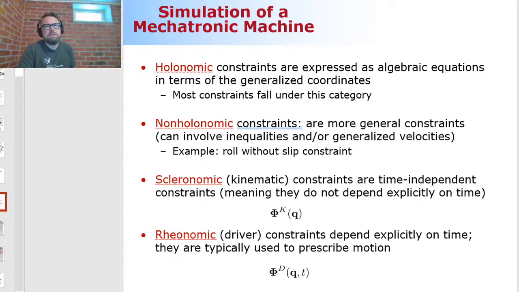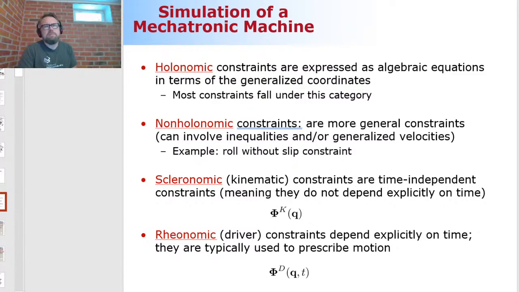All the constraints in this course are of that type. There are also non-holonomic constraints, which are inequalities or functions of generalized velocities. Rolling without slipping, for example a tire moving, would be a non-holonomic constraint. But we are not dealing with anything like that.